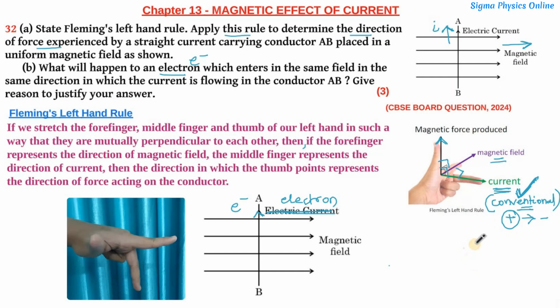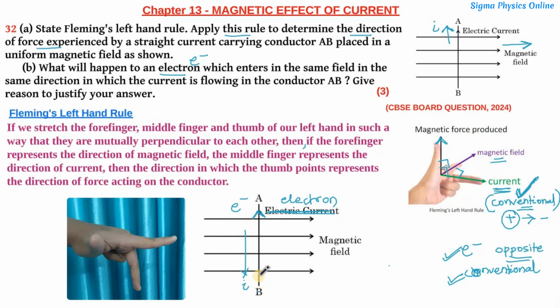And we know that electronic current is opposite in direction to the conventional current, that is, in which direction the electron will move, the conventional current moves in exactly its opposite direction. Now, if the electron is going in this direction, that is from B to A, then the direction of conventional current would be downwards, opposite to the direction in which the electron is moving.